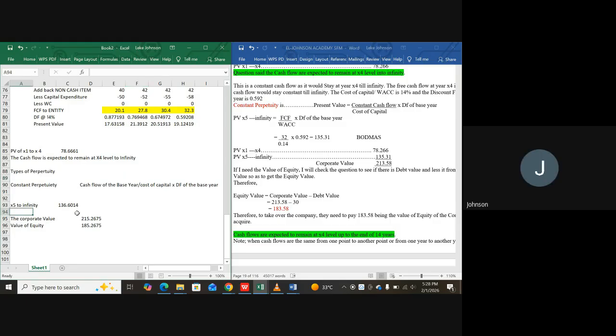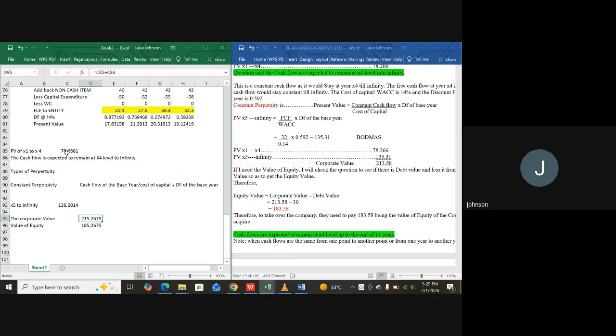The corporate value calculation is gotten by saying the value of year 1 to 4, plus the value of year 5 to infinity. There are cash flows that the company already has from year 1 to year 4, and we are also calculating from year 5 to infinity.